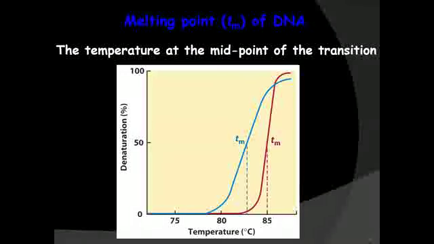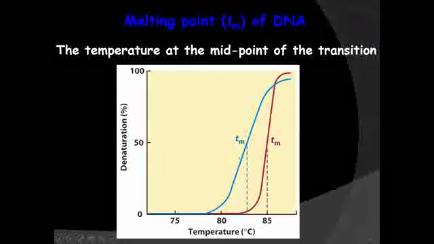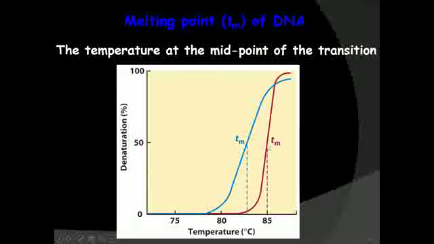That is, the hydrogen bonds between them have broken down. For different DNA molecules, the melting temperatures can be different. That is, the point at which 50% of them is denatured can be different. For example, for this DNA molecule, it may be around 82.5 or 83. And for this DNA molecule, it is around 85.